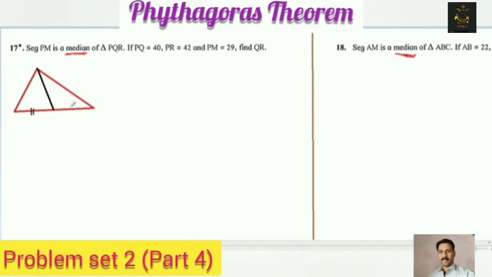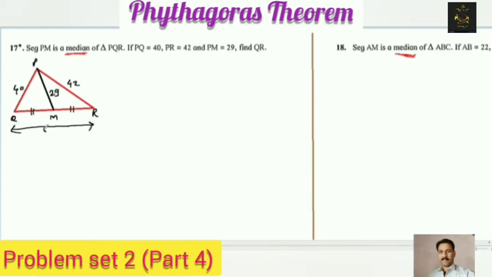This is congruent. We'll write the names here. PM is a median, means this is PM, which is the median in this triangle PQR. PQ is 40, PR is 42, and PM is 29. We have to find the full QR.